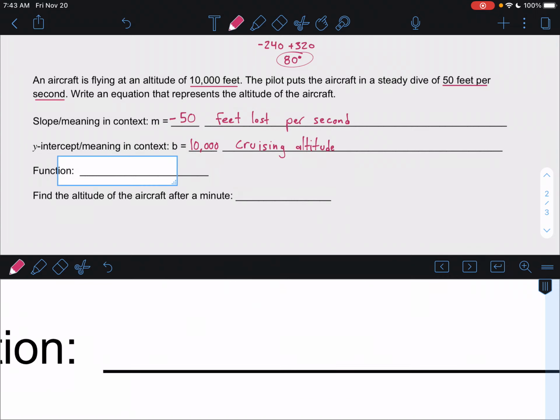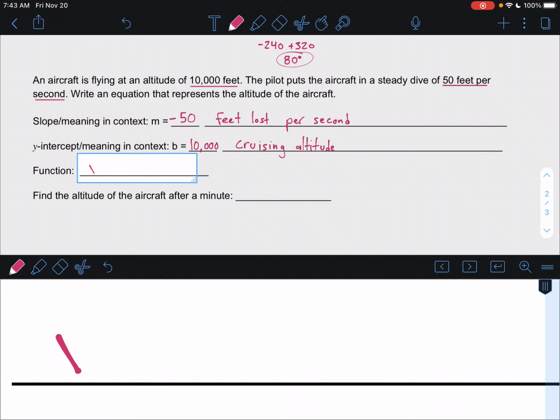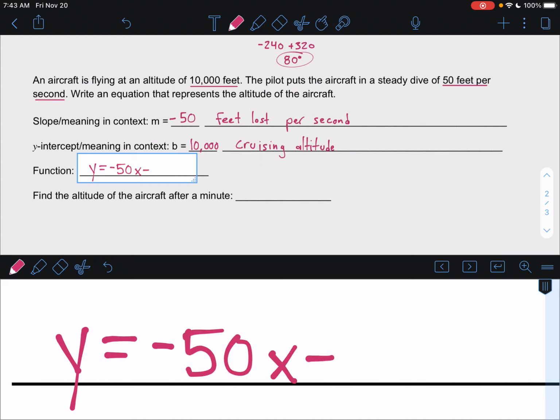And then our function, I want to write this in the form y equals mx plus b. So y equals, my m here is negative 50, x plus b, which is 10,000. Negative 50x plus 10,000.